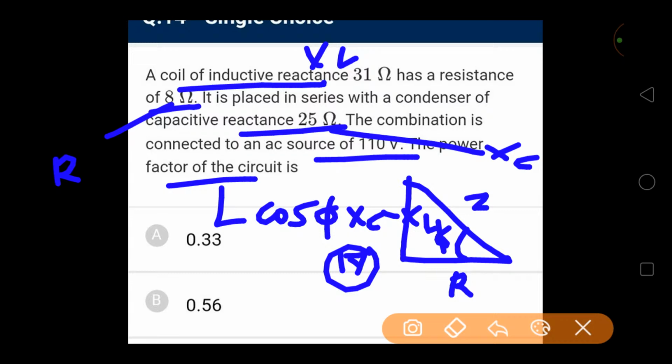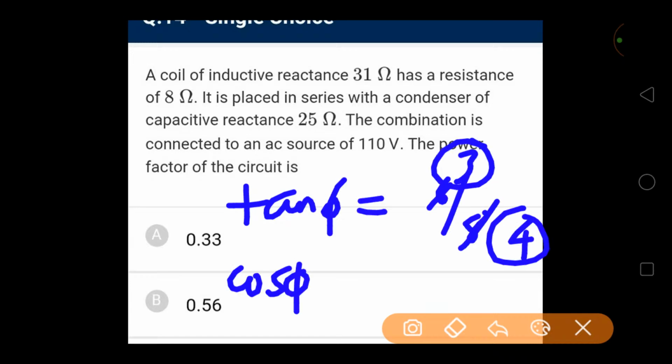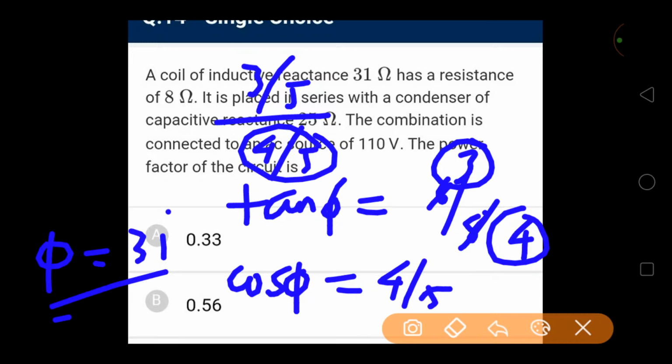Sorry, not 17. 25 minus 31, 6. 31 minus 25. Take the largest quantity, 31. So 6 by 8. Write this 3 by 4 as 3 by 5, 4 by 5. So what is cos phi? So 4 by 5 is nothing but 0.8.